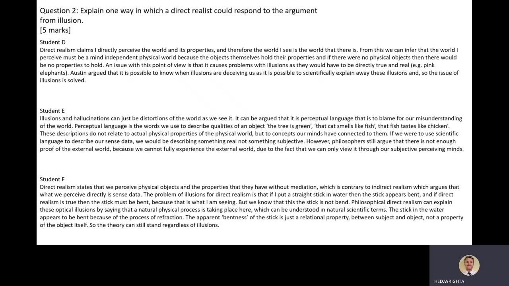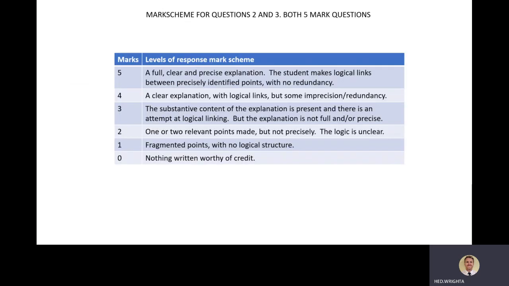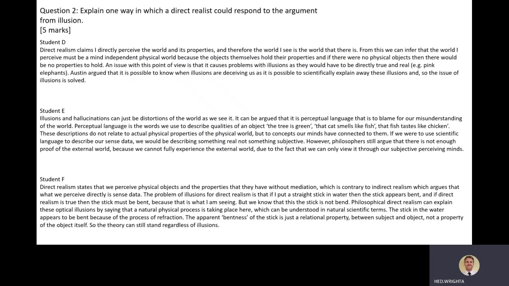Student D. Now you might be surprised, might not. They've written quite a bit, but they get 2 marks. So we look at the 2 marks there: one or two relevant points made, but not precisely. The logic is unclear. It's not that what they've said is wrong, it's just that they're not making links. They do talk about illusions, e.g. pink elephants.